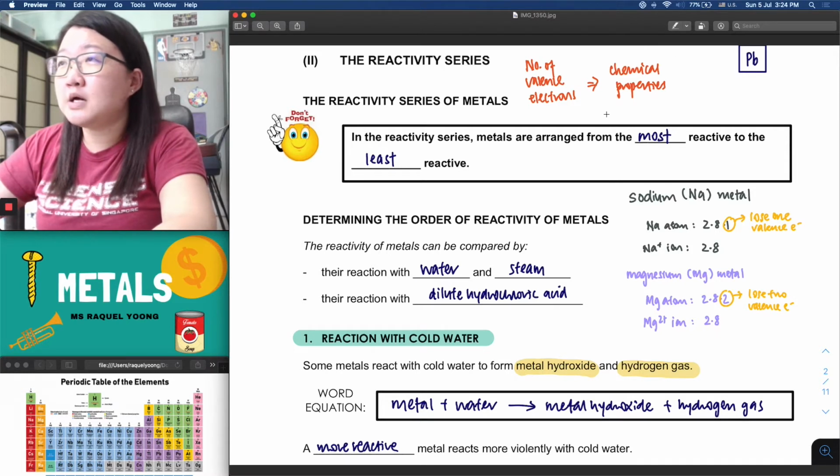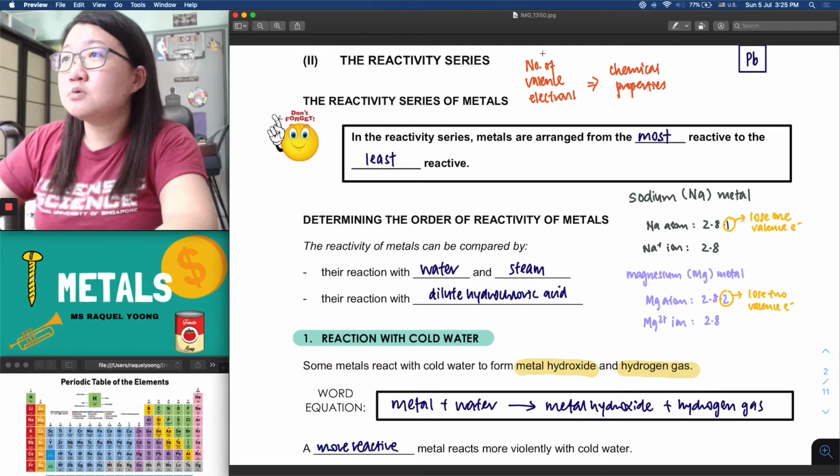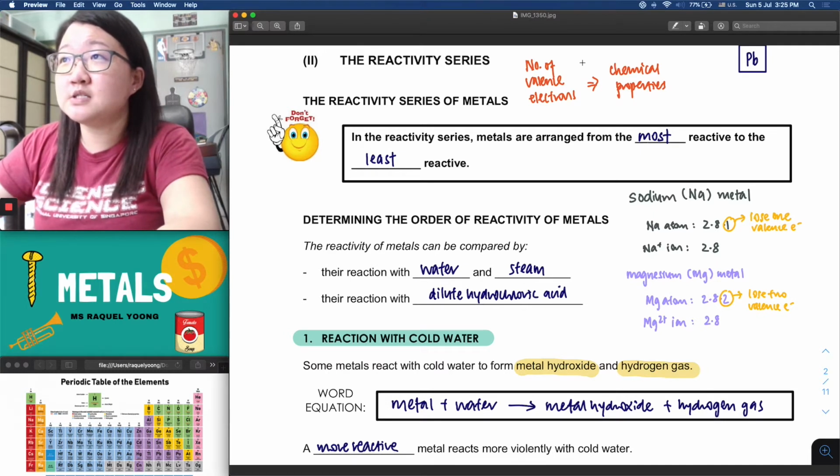So we saw that the alkali metals behave in a similar way when they react with cold water, right? Remember, alkali metal reacting with water will form metal hydroxide plus hydrogen gas. Okay, so keep in mind that the number of valence electrons determines the chemical properties. So all these will come in handy when we look at this part of the chapter in greater detail.